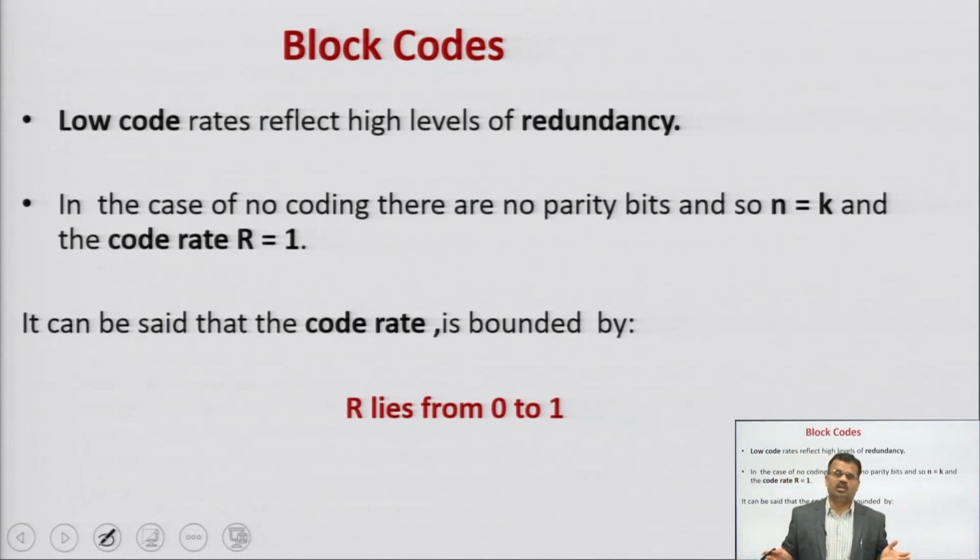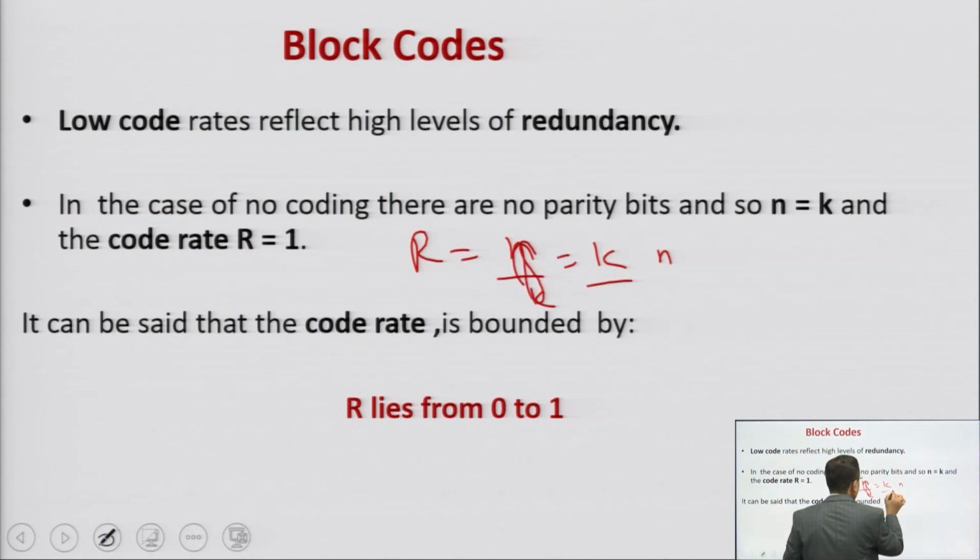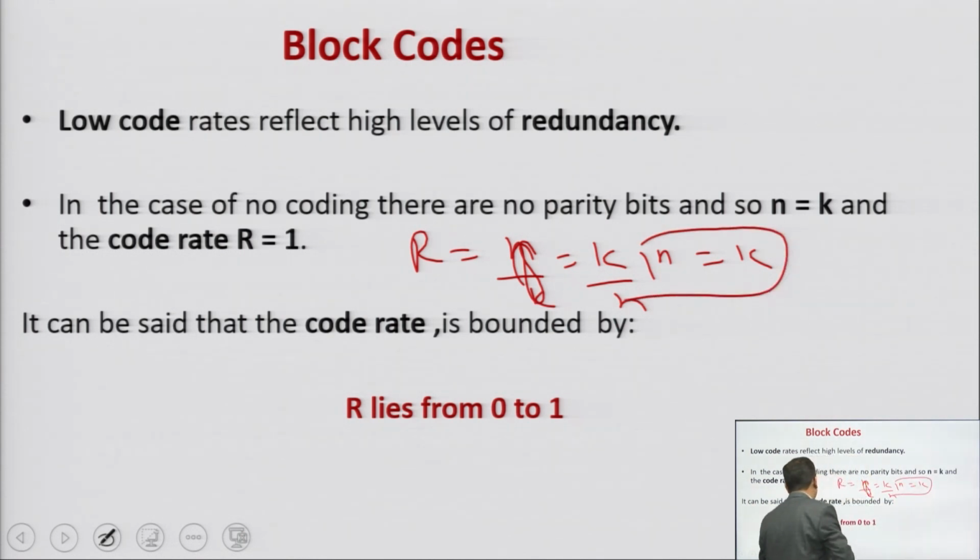In case of no coding, you are not achieving error control coding, you are not adding any parity or check bits, then n is equal to k and r is equal to k by n, which is 1.